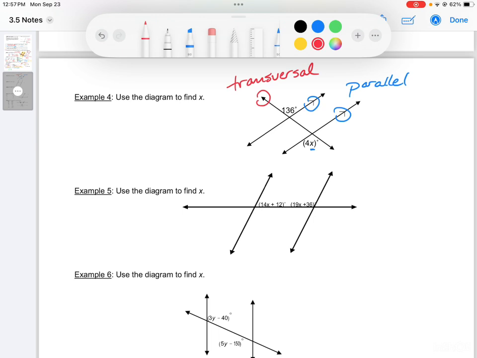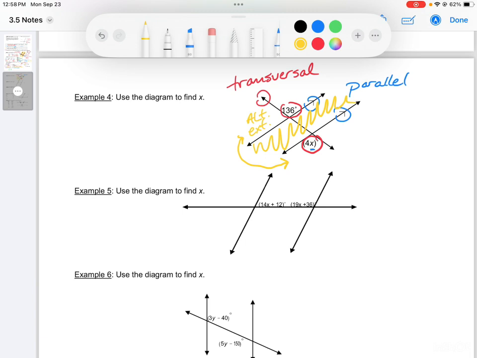So ultimately, if I'm looking at the relationship between these two angles, they are alternating because they're on different sides of the transversal, and they are exterior because they're outside of the parallel lines.